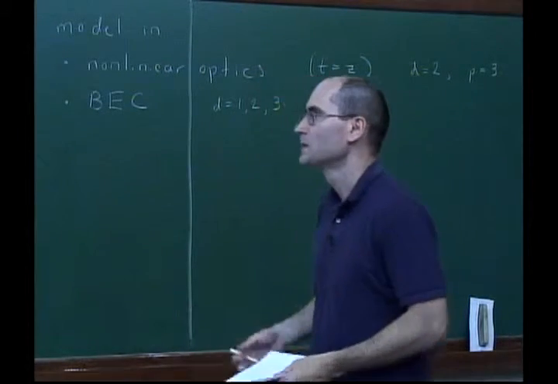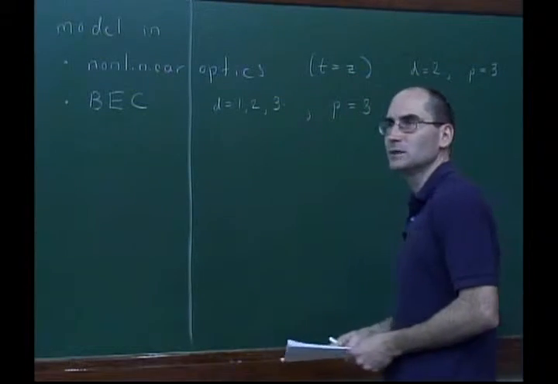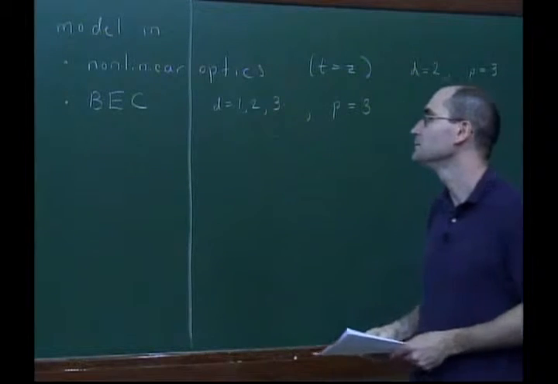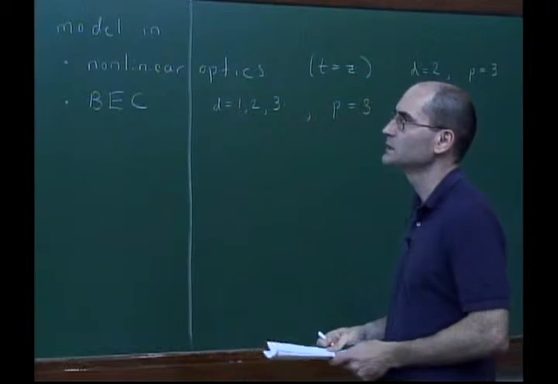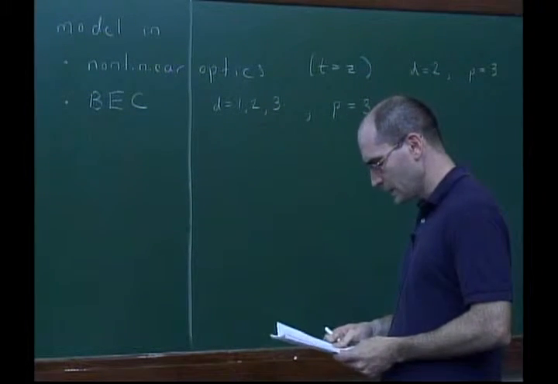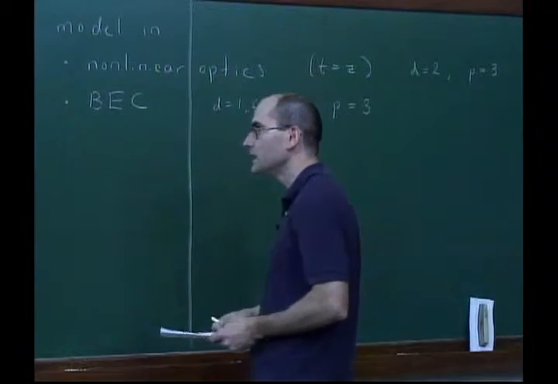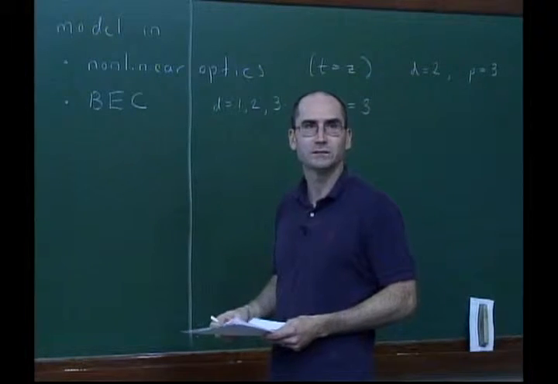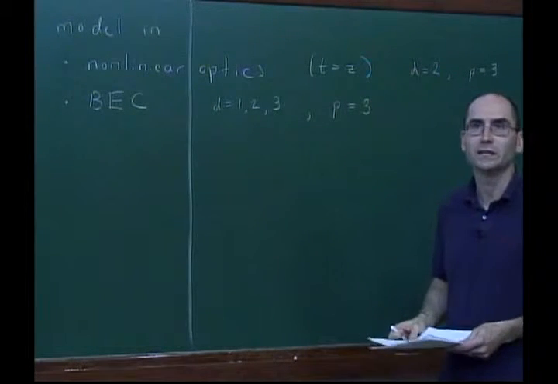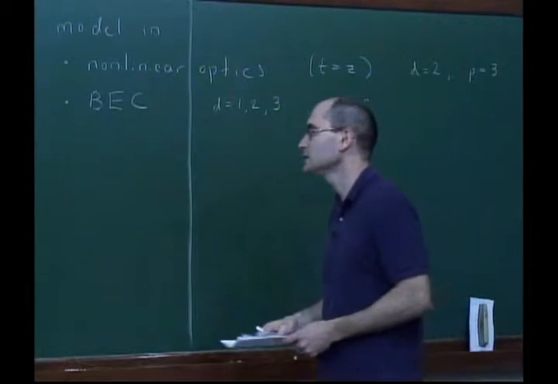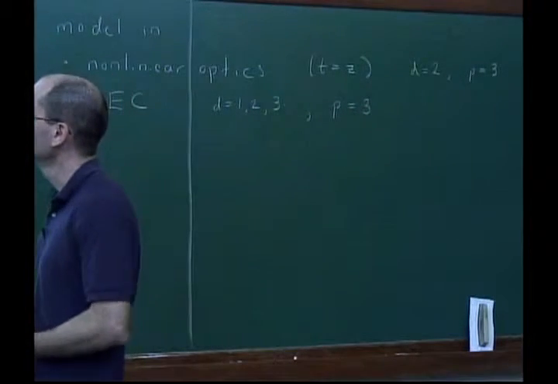So for example, |u|^2 would be the probability density for that collection of atoms. And it's also an industry right now to rigorously derive the nonlinear Schrodinger equation from the quantum many-body problem. But certain assumptions are involved, like that it should be a dilute gas and so forth.